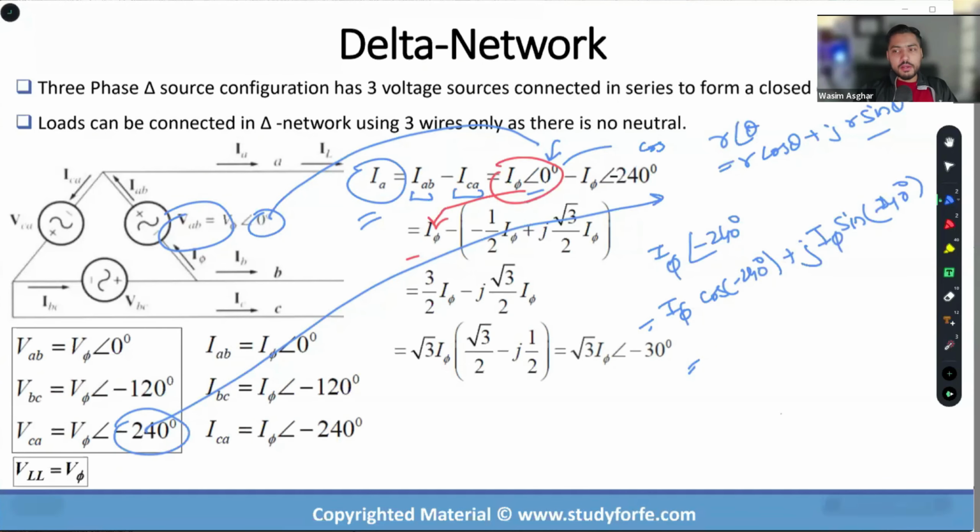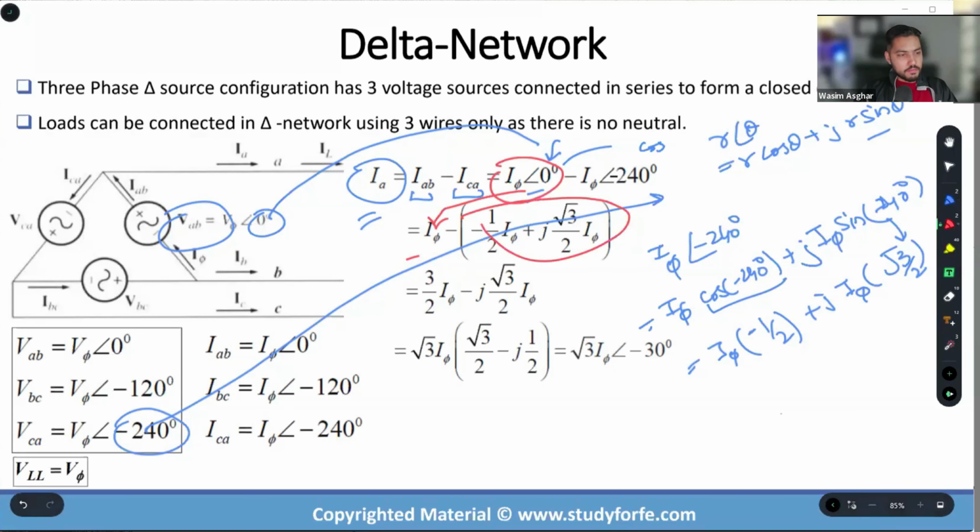If you punch this in your calculator, guys, you're going to see that cosine minus 240 degrees is going to be minus half, and sine of minus 240 degrees is going to be square root 3 by 2. And both of them are being multiplied by I phase. And this is how I end up with this in the brackets. Now this is leading us somewhere.